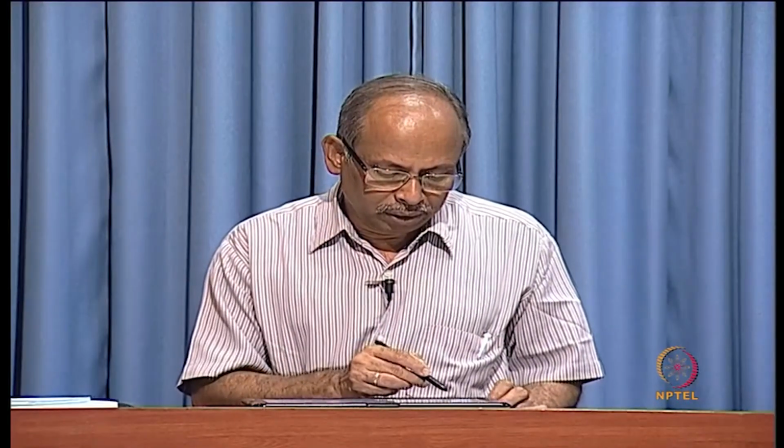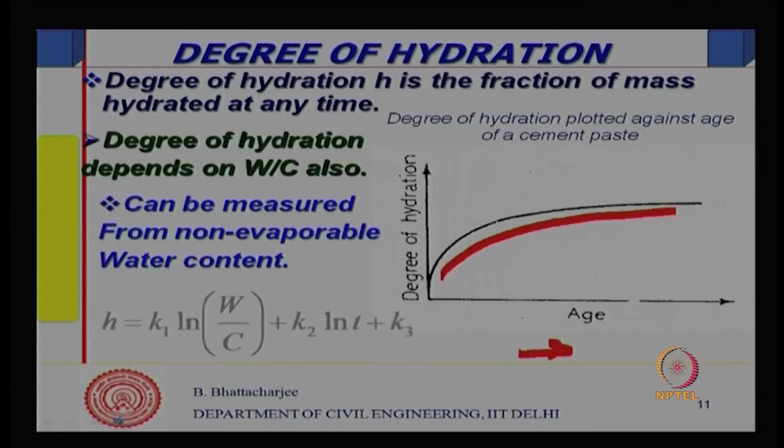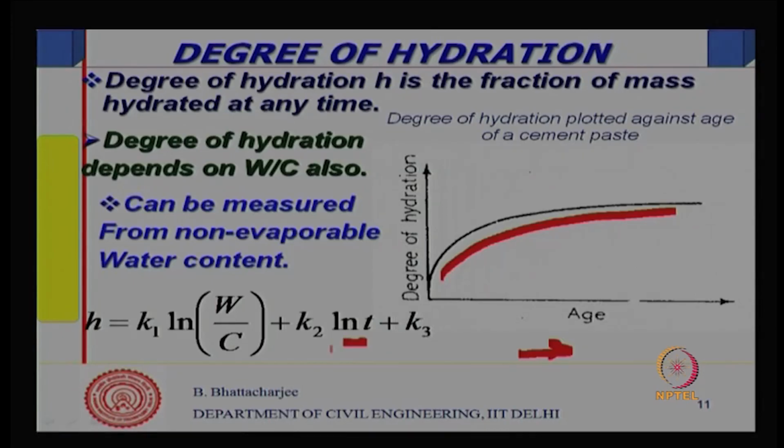Evaporable water will go away at 110 degrees centigrade, but if you heat beyond that, you can find the non evaporable water content, and from that measurement one can find the degree of hydration, and possibly relate this to the water cement ratio and age in this manner.